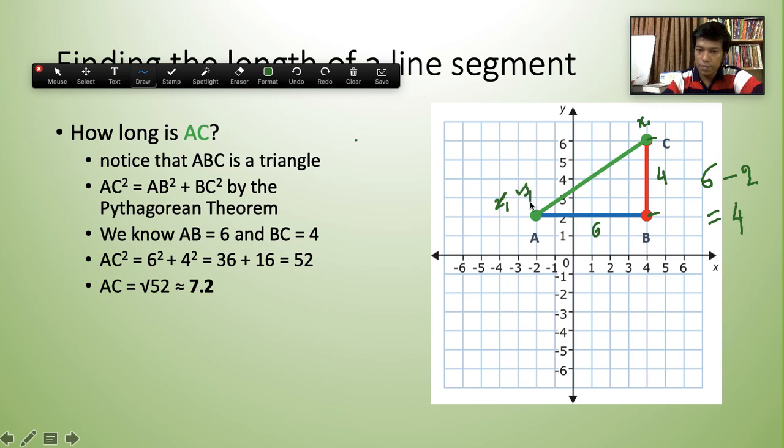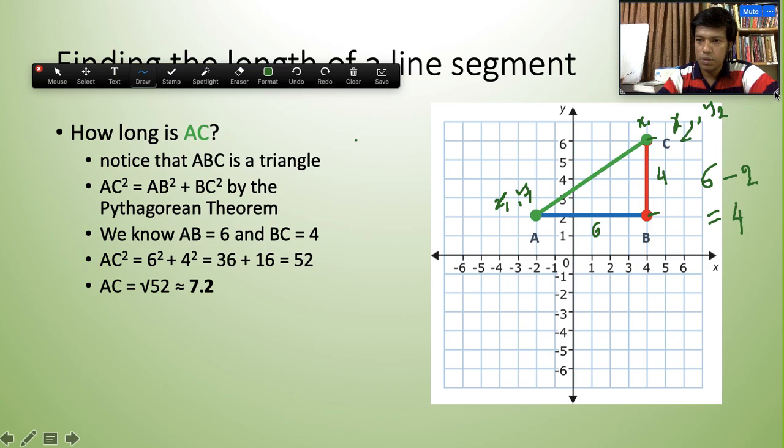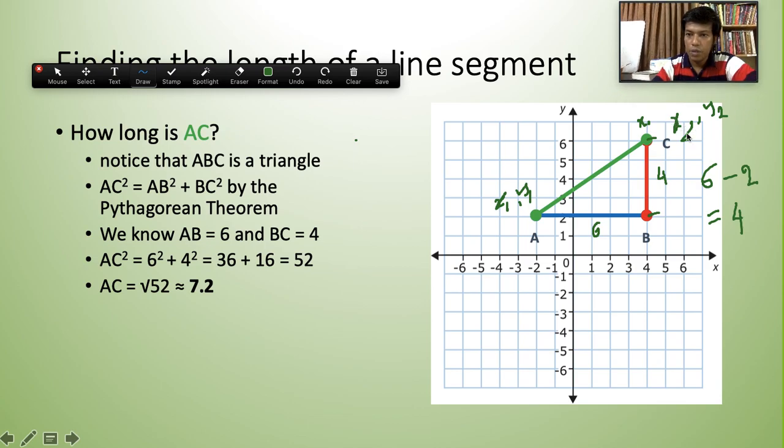Suppose this is x1, y1 and this is x2, y2. This y1 is actually the same value.